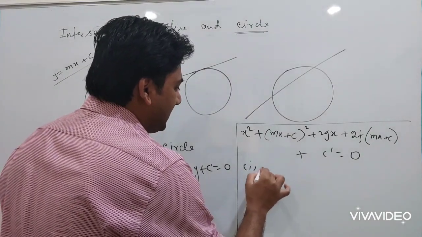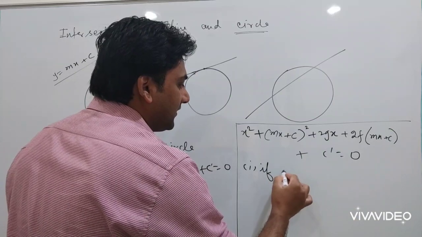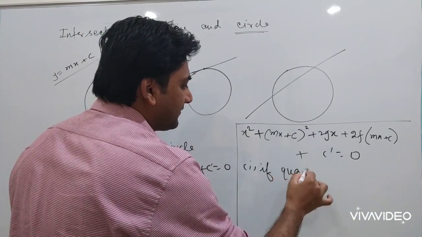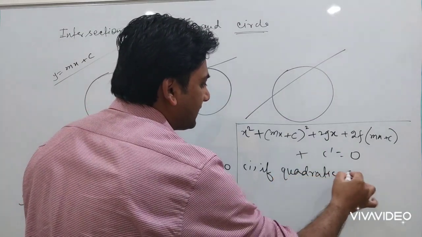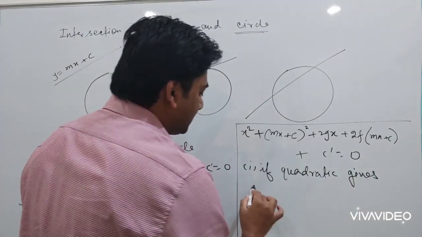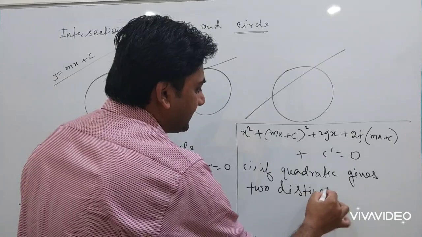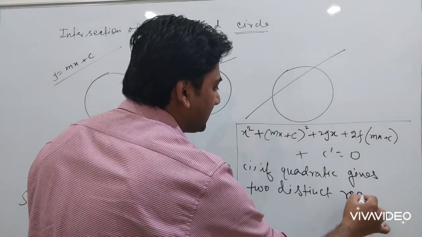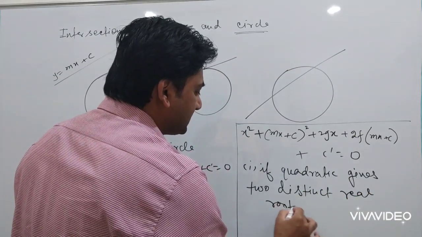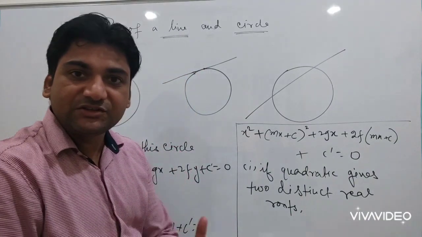Okay, so first one, if the quadratic gives two distinct real roots, what was the condition?